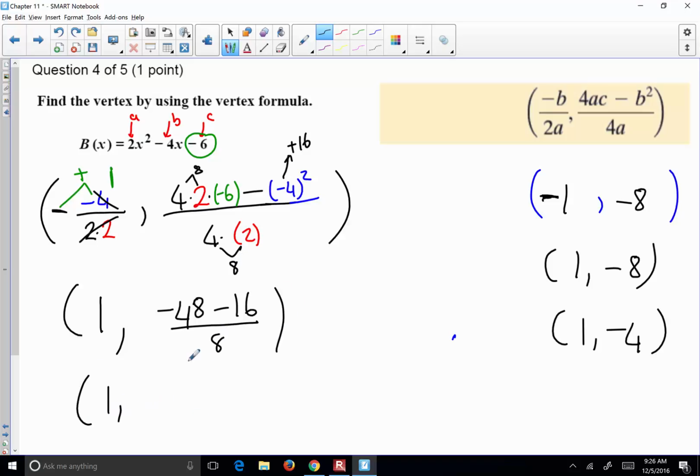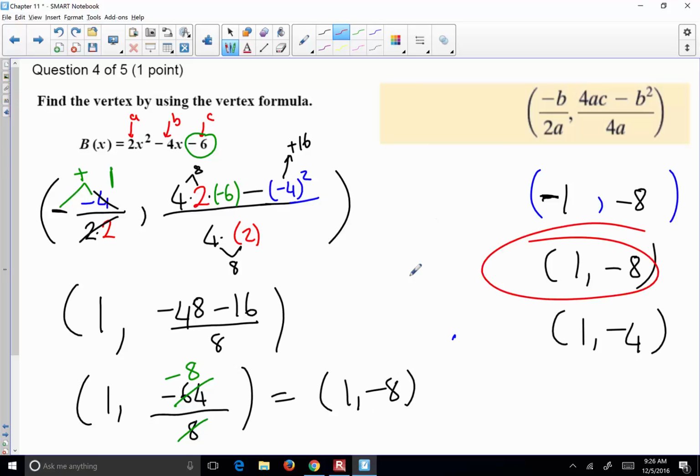So negative 16 and negative 48, two numbers combine into a bigger negative, negative 64, over 8. And that's negative 8, right? 8 goes into 64 8 times, negative 8 though. Alright. This is the right answer. Okay.